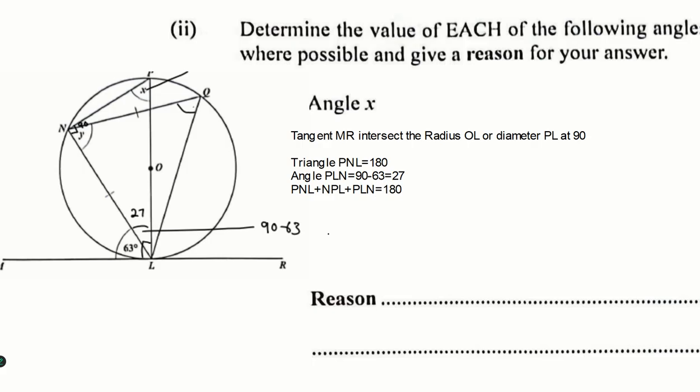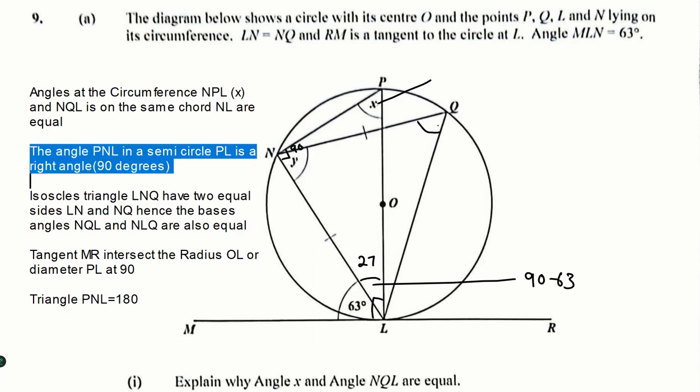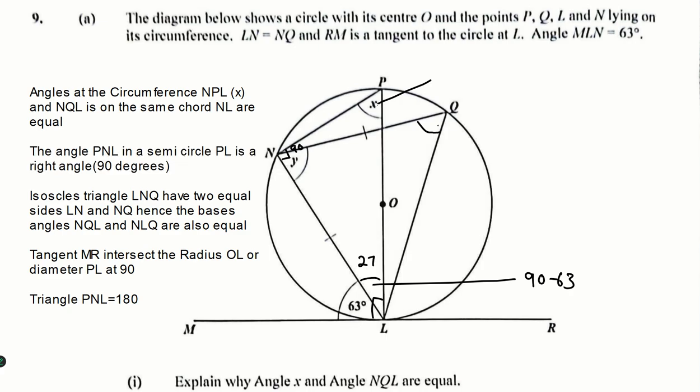What is PNL? PNL is 90 degrees. Why? Because the angle PNL is 90 degrees because it is in the semicircle.